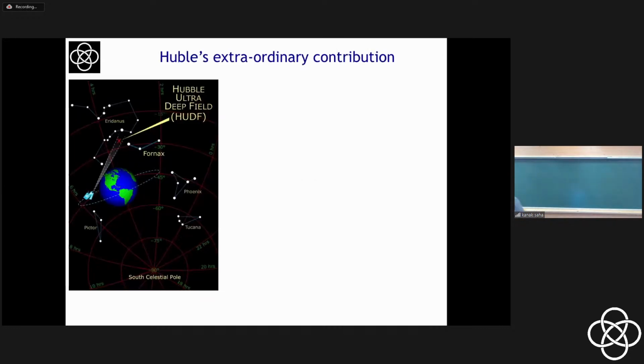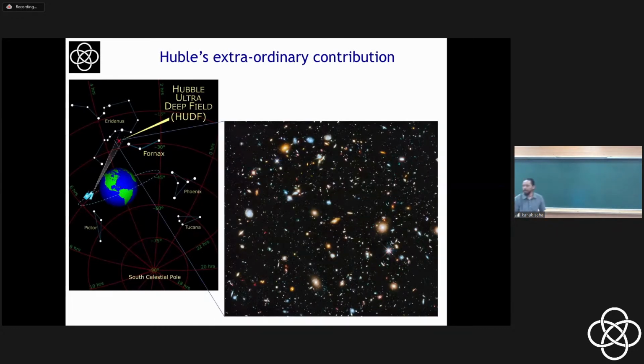And this is a picture from an exploration by the Hubble Space Telescope, the so-called Hubble Ultra Deep Field. What you see on the right side is an image of a piece of sky in the southern hemisphere.